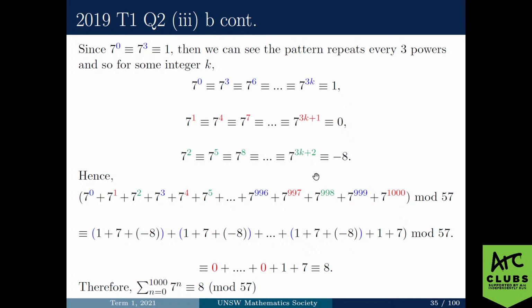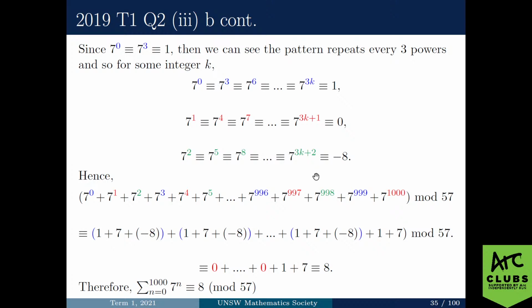And this repeats with 7 cubed to 7 to the 5. And this goes all the way up to what we want, right? 7 to the 1000. And as we can see here, our pattern stops when we reach 7 to the power of 998, because 998 is 996 plus 2, with 996 a multiple of 3.